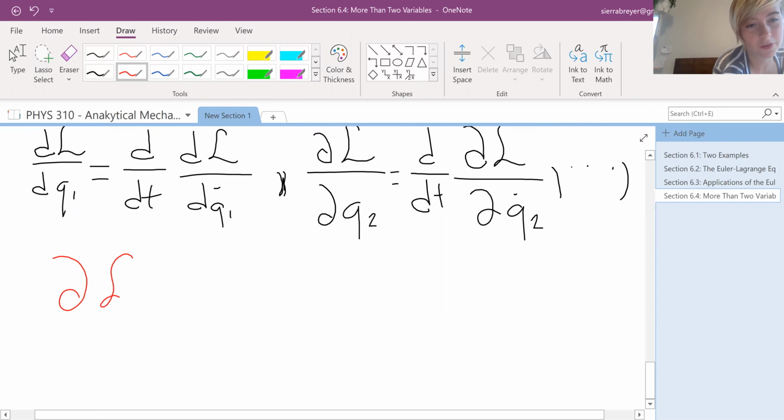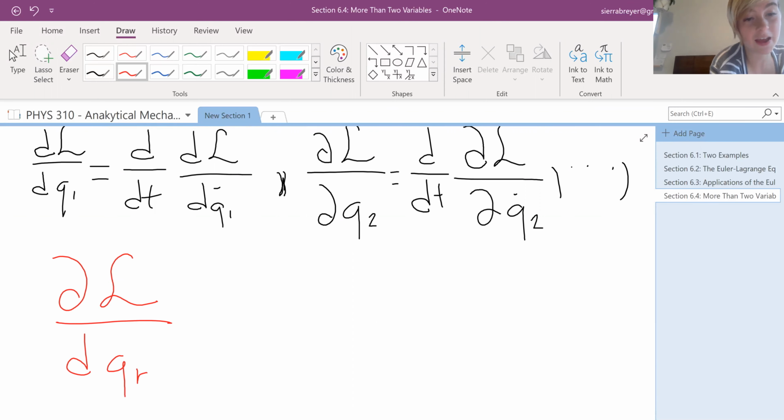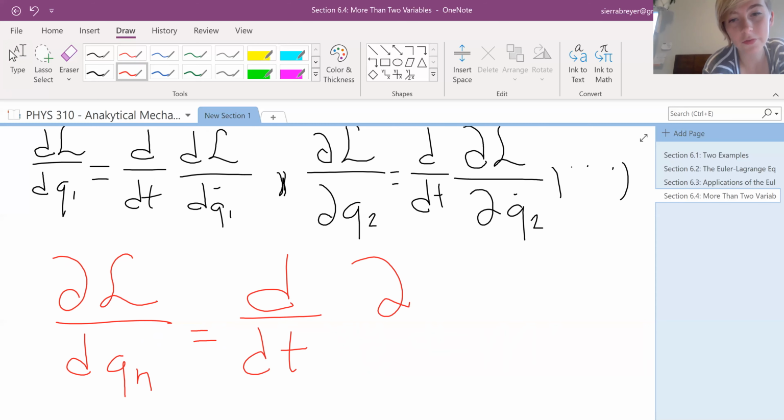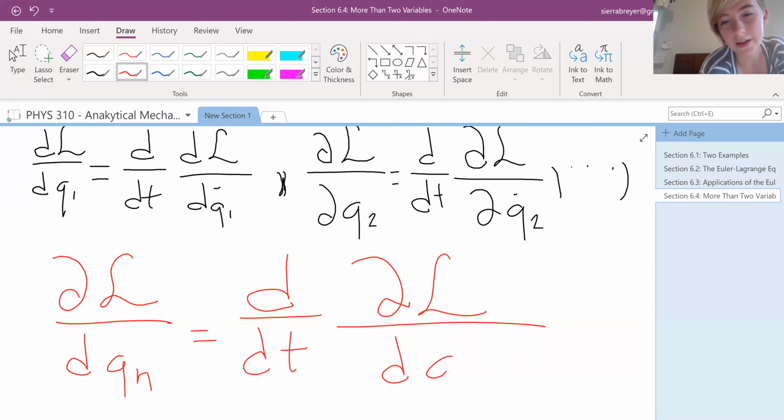So the Lagrange equation for dimension n, where n is any number you so please, will be equal to d/dt of the derivative of the Lagrange with respect to that dimension's time derivative.